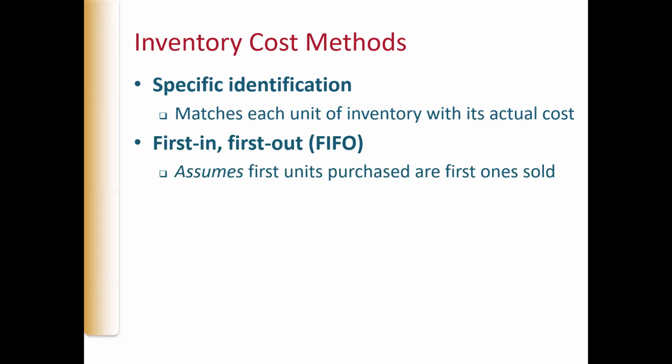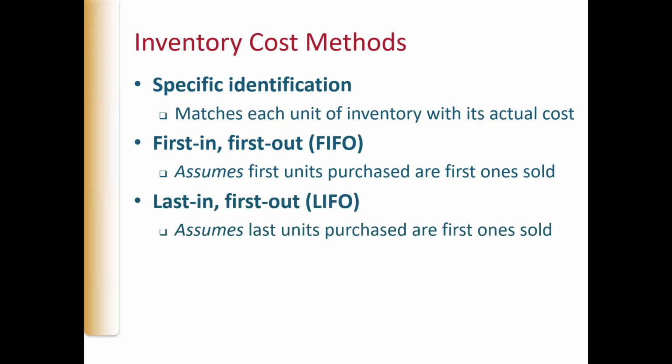Another type of method is FIFO, first in and first out. That assumes the first items that have been purchased are going to be the first items that get sold. Usually that is physically how it happens, but just because it physically happens that way, you're allowed different ways in which to account for the cost. Last in, first out, we call LIFO.